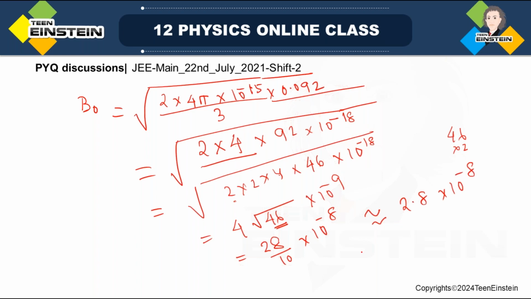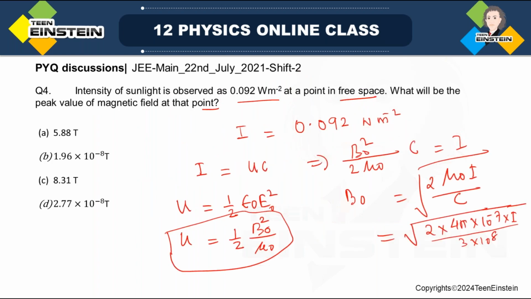That will be in Tesla unit. Let me check here some options. Yes, look, I did not do the exact calculation, but I am near to this value. So this is the correct answer for this question. Okay, so I have got nearly 2.8, which is matching with the option.